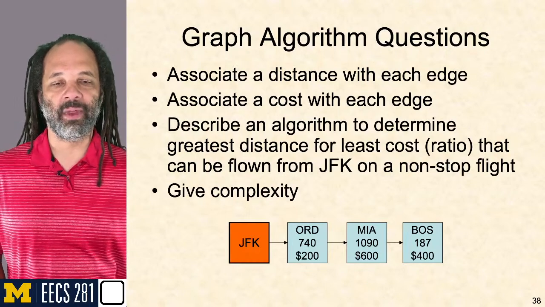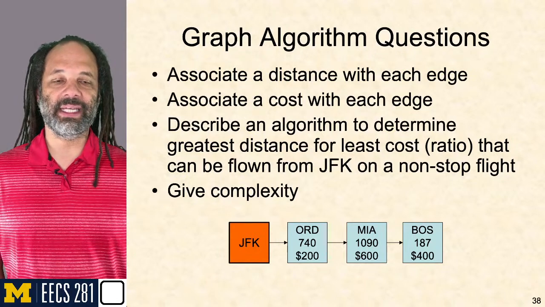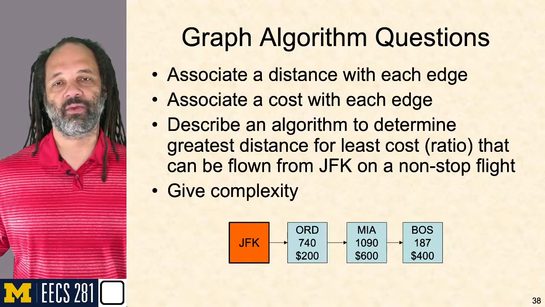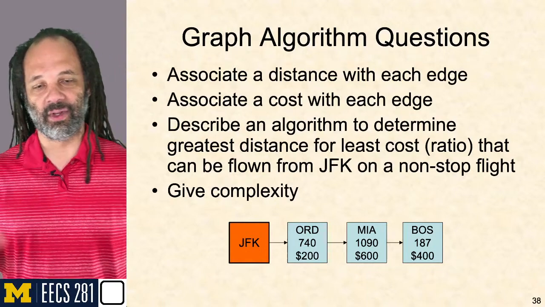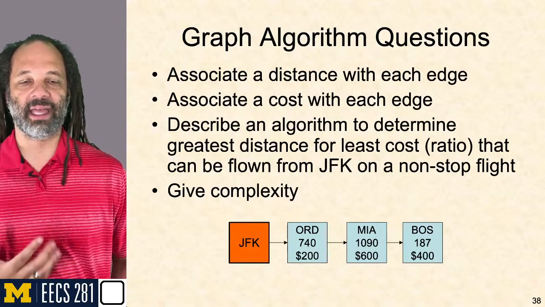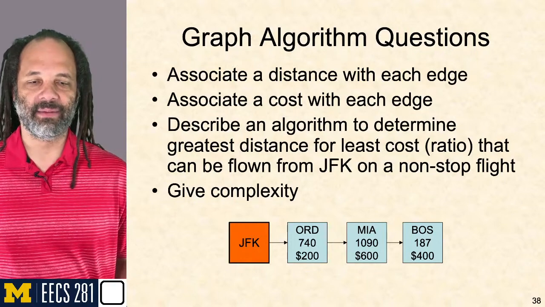So what's an algorithm that's going to determine the greatest distance for the least cost that I can fly from JFK? I'm just trying to rack up frequent flyer miles. So what I'm trying to see is, what's the greatest distance for the least amount of cost that I can spend here? And what's the complexity of that?